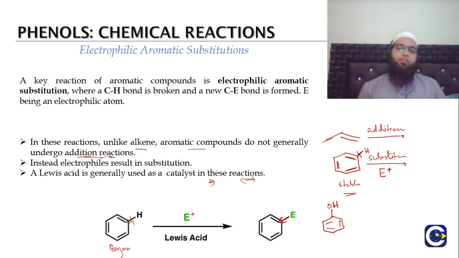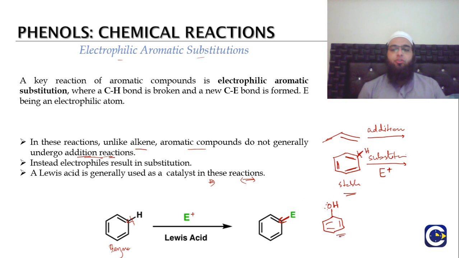The electron density of this ring is increased by the presence of the hydroxyl group. We have a lone pair of electrons which is in conjugation with this ring, as we have already discussed. This increases the electron density of the ring, and as a result it makes it a good substrate for electrophilic substitutions.